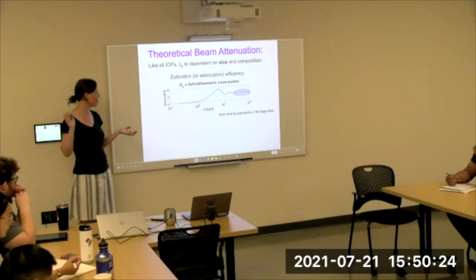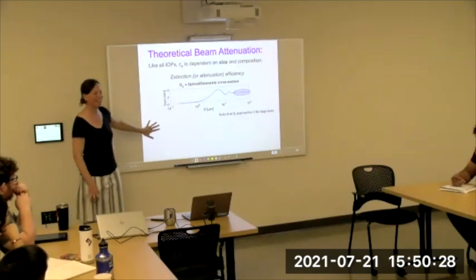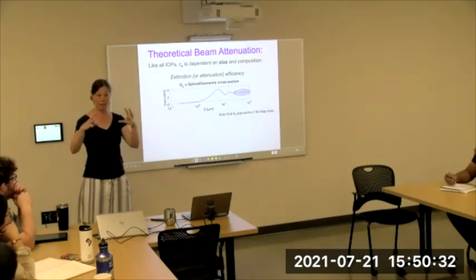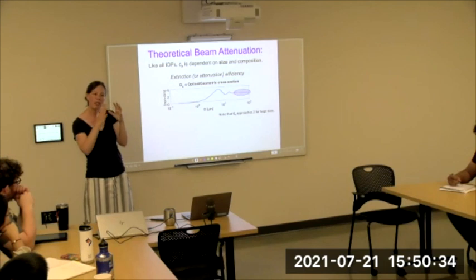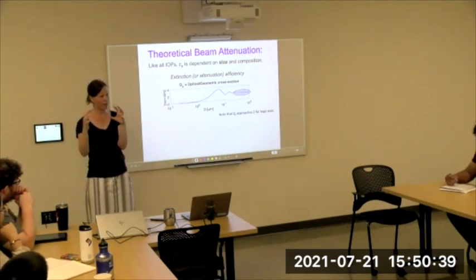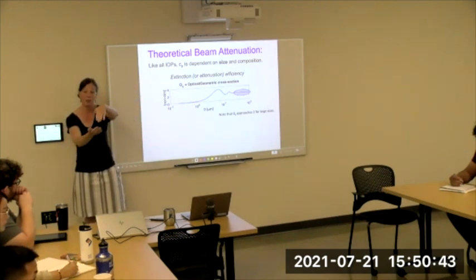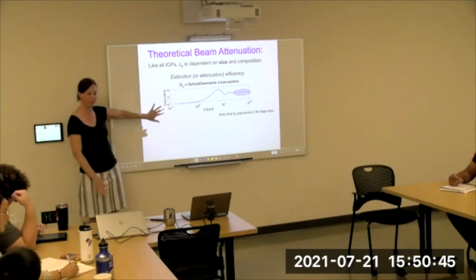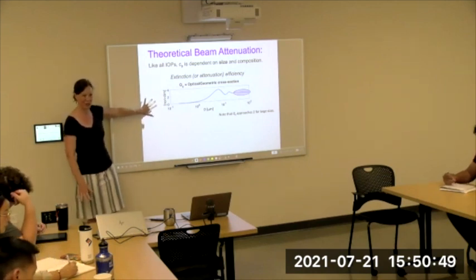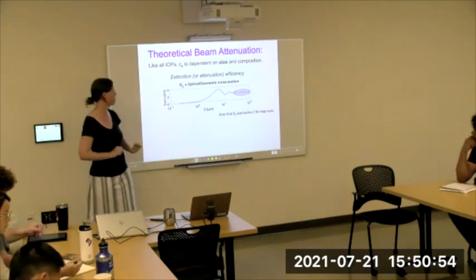It actually turns out, and this is where I really want to draw on the board, but I can't, that if you have a particle that's large relative to the wavelength of light, you can imagine that it's totally absorbing all the light that goes into it, and it's diffracting the light that comes around it into a near forward direction. But we're in theory land right now, so we assume that none of that near forward scattered light contributes to the beam attenuation. We're excluding it all because we have a perfect sensor.